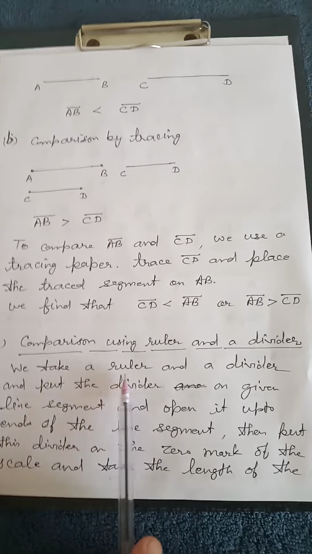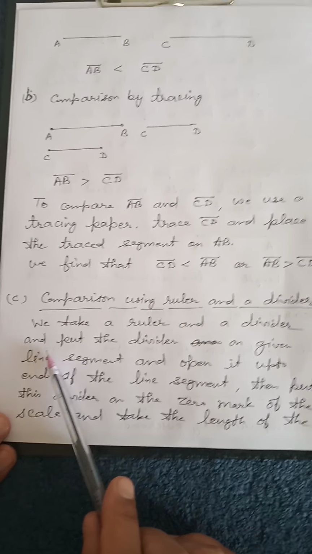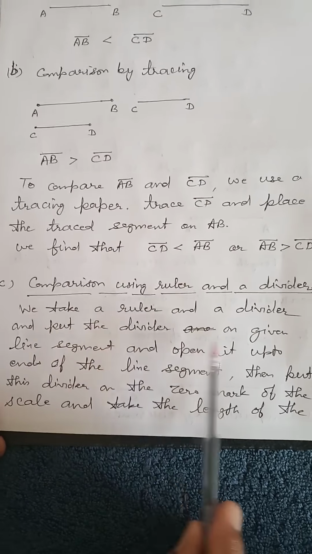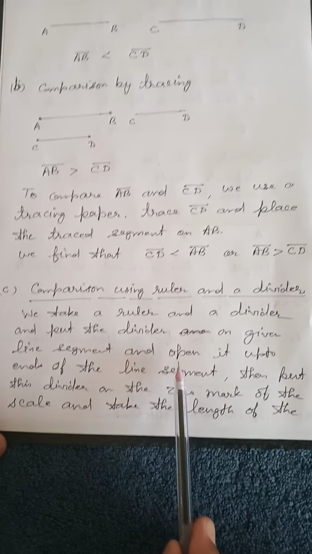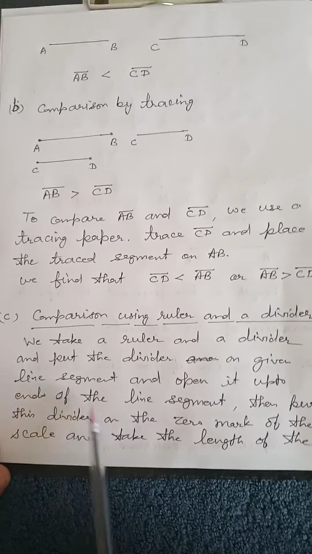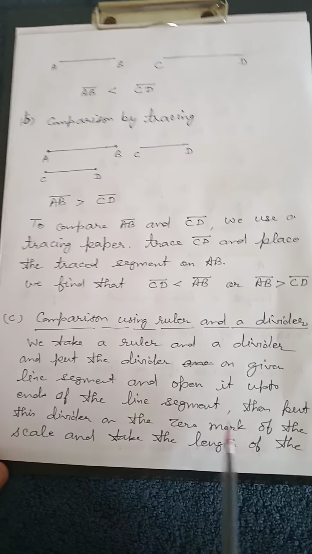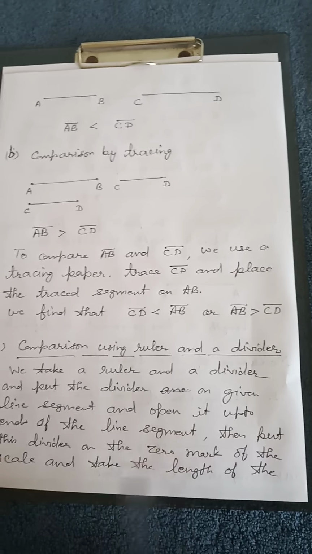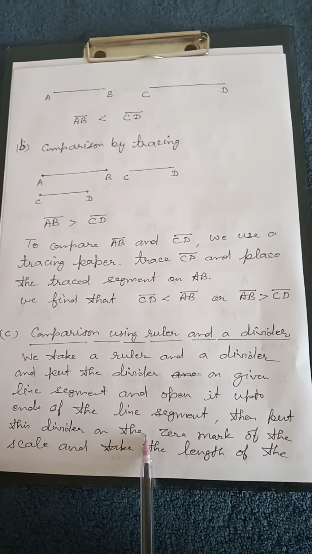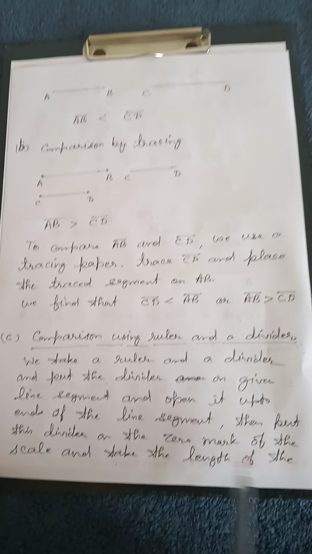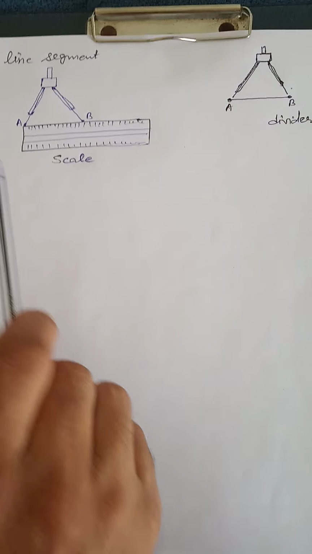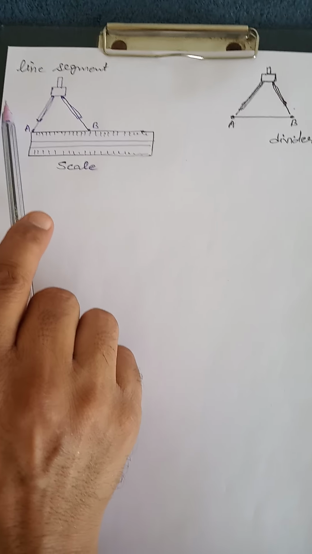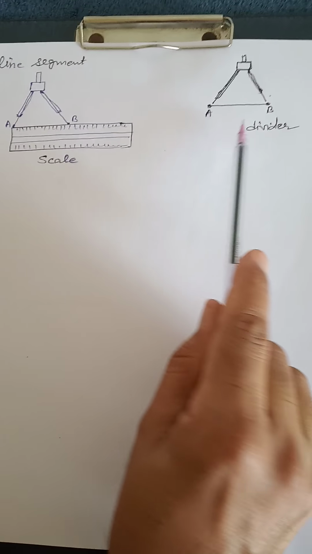We take a ruler and a divider and put the divider on given line segment and open it up to the ends of the line segment. Then put this divider on the 0 mark of the scale and take the length of the line segment as shown here.